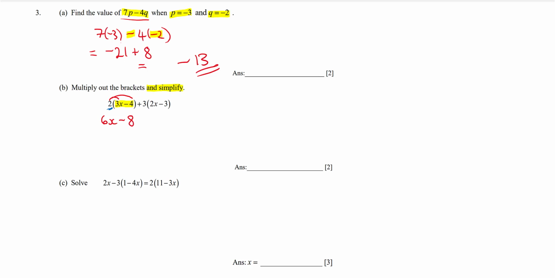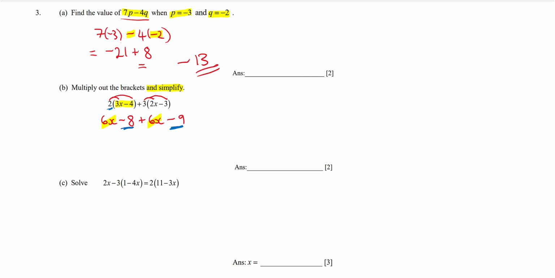And then for the next bracket, we're going to have 3 times 2x. So we're going to add 6x. And then we have 3 times minus 3, which is minus 9. So now we just group like terms together. So we've got these x's here, the 6x and this 6x, and then we have this minus 8 and minus 9.